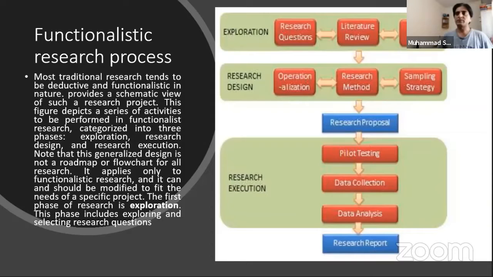Your research proposal is basically based on your research question, your literature review, theory, operationalization, and research method, and finally a sampling strategy. When you are adopting these 6 tools in your research document, then you are focusing to develop a research proposal.